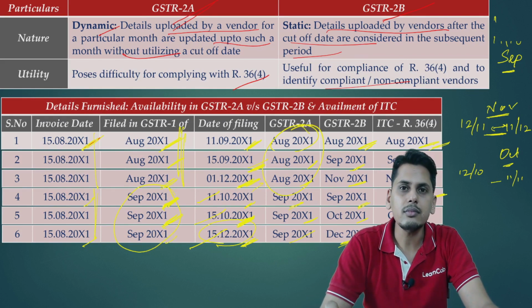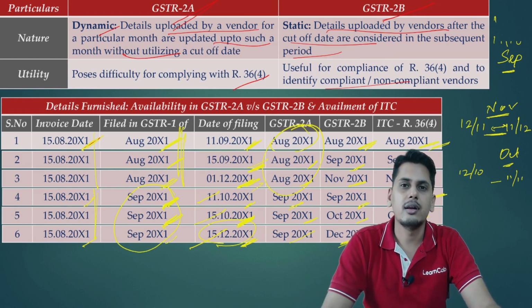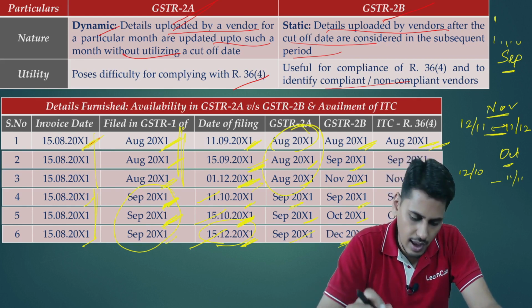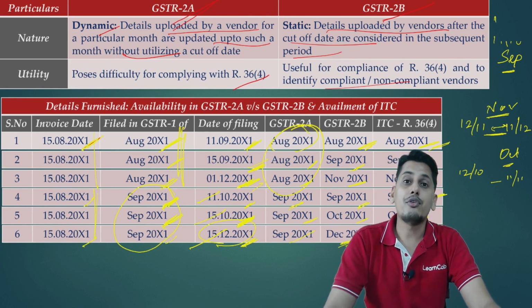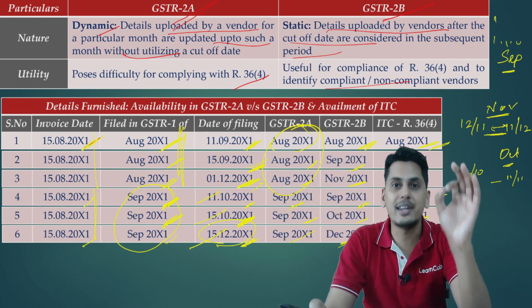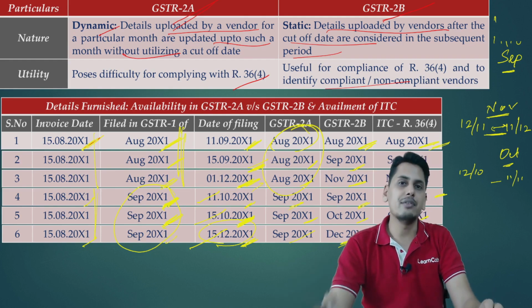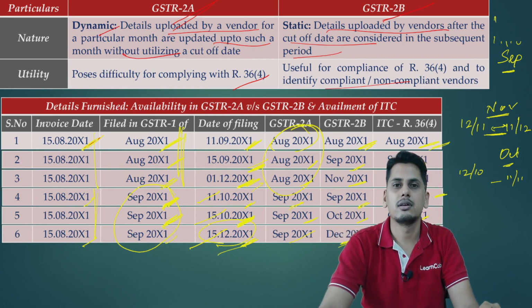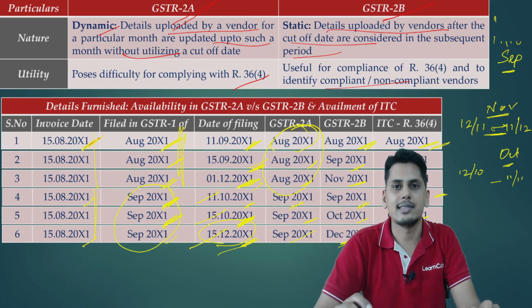No. For GSTR 2B of November, filing should have happened by 11th of December. Has it happened? No. Next month. For GSTR 2B of December, filing should have happened by 11th of January. Has it happened? Yes. So it would appear in GSTR 2B of December.